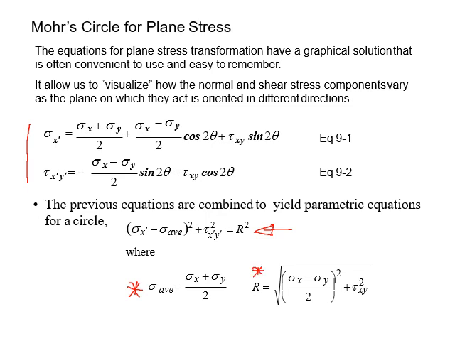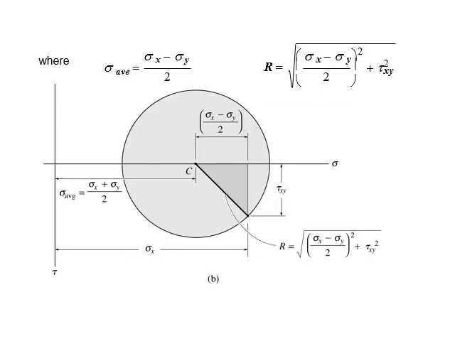This equation here is tau max, right? That is the maximum shear stress. So this circular equation can yield a circle. When we talk about Mohr's circle, it's actually a graphical approach. Instead of having to solve equations like this, we can use the graphical approach to solve for our stress transformation.